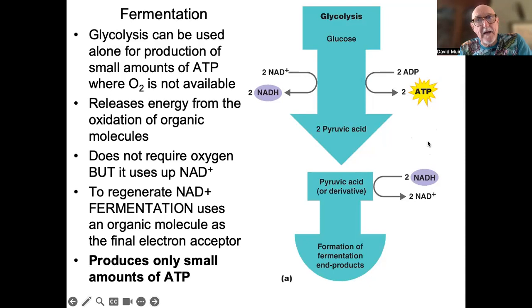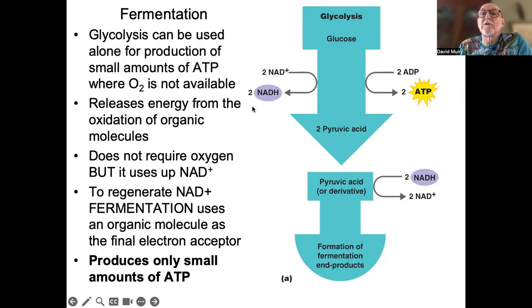So that's fine. These organisms can utilize glycolysis as a source of ATP, but there's a major problem with doing this, because you remember that there were two products of glycolysis. The first was ATP, which is very desirable. The other is NADH. And in order to produce NADH, you have to have a source of NAD plus as a substrate.